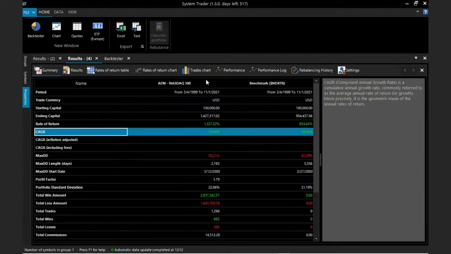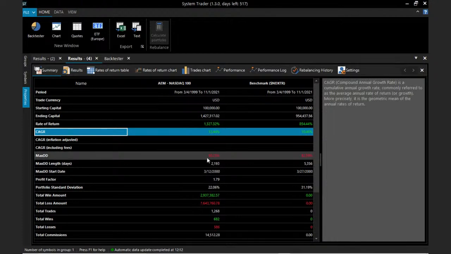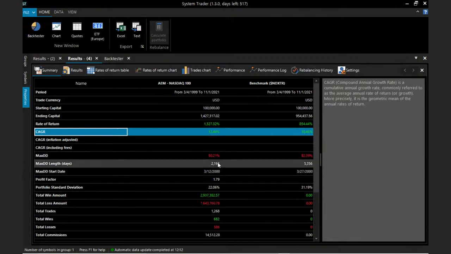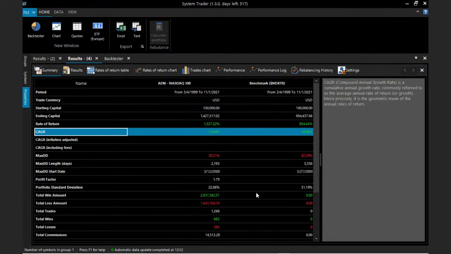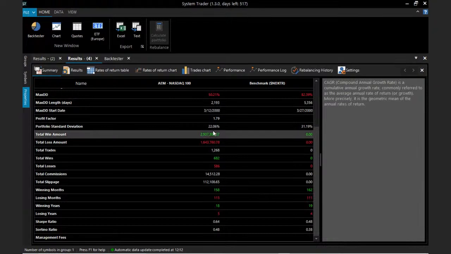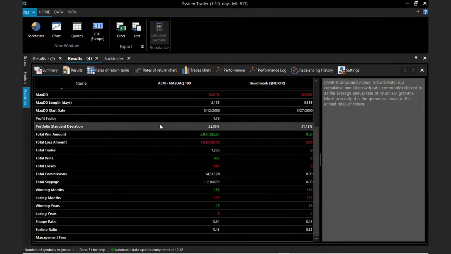Whereas the strategy here was making over 12.4%, so it beat the Nasdaq index, and the maximum drawdown was lower, 50% rather than 80%. Still a very deep drawdown, but as you can clearly see, it was able to beat the market, and also the volatility of our strategy is smaller than for the whole index.